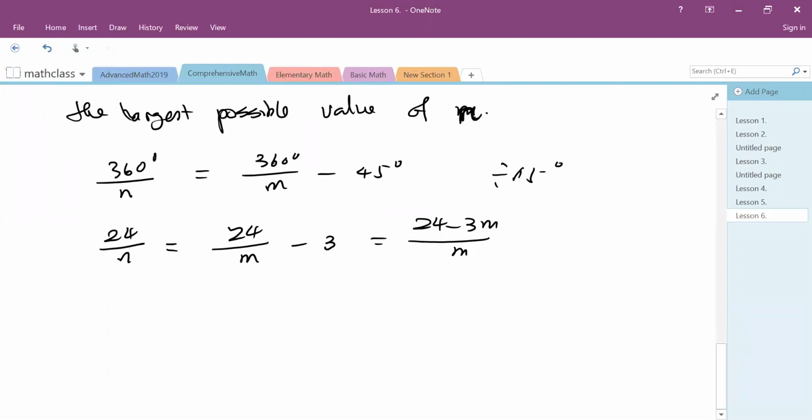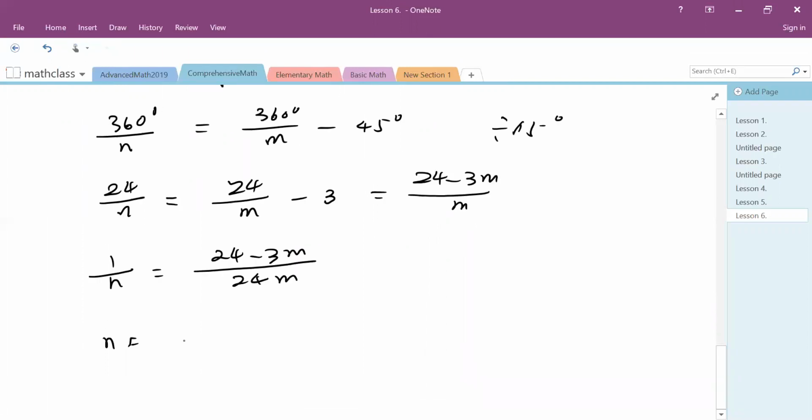Then you turn this upside down, right? This must be positive. So 1 over n is going to be (24 minus 3m) over 24m. Then you solve for n.